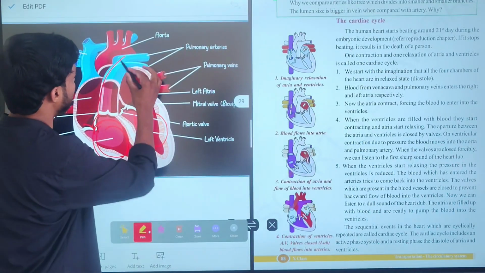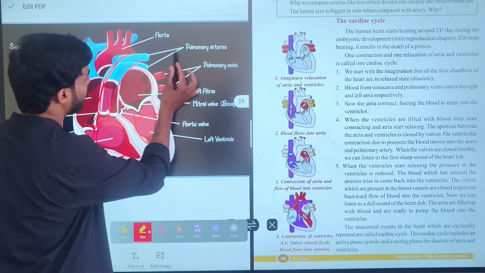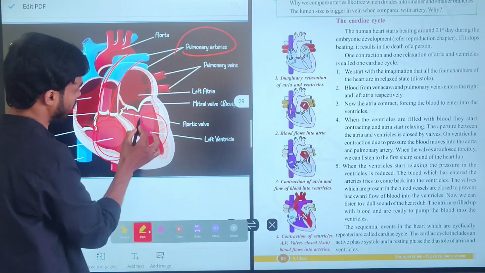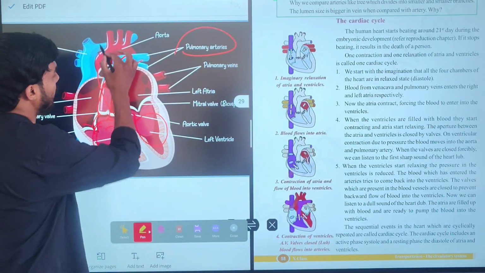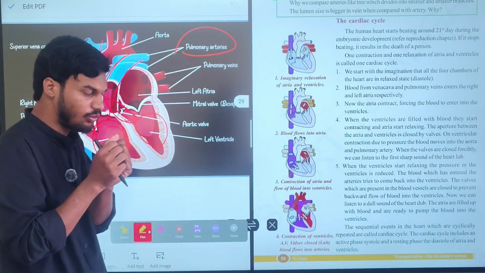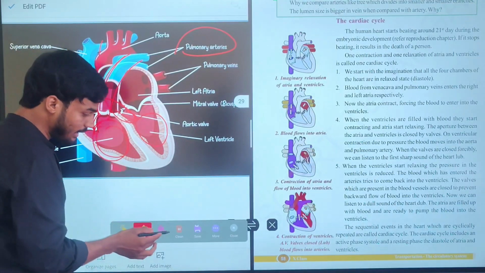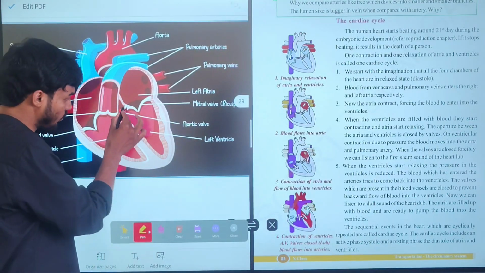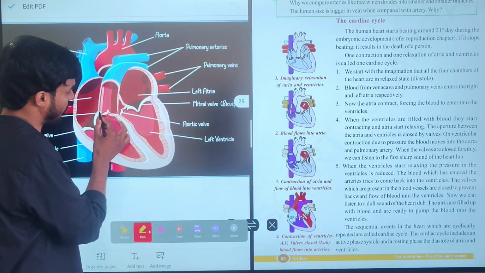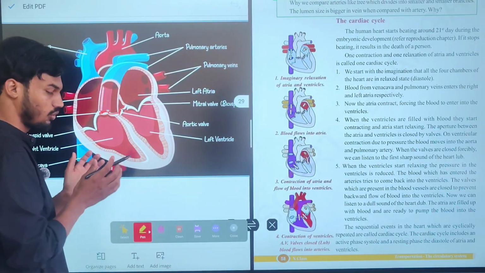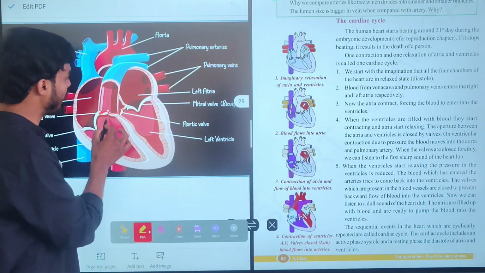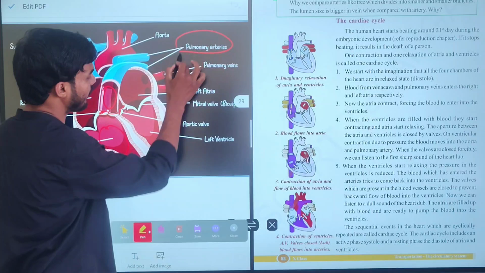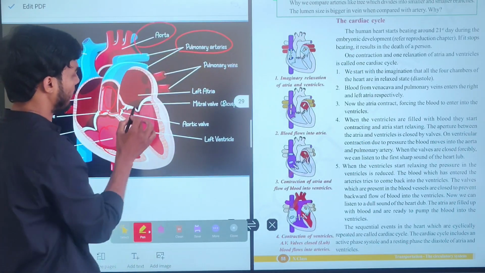The blood enters the pulmonary artery and the aortic valve through the forceful contraction. There are two more valves present here, and these two valves start to open. During opening, through the forceful pressure, the blood enters the pulmonary artery and aorta.